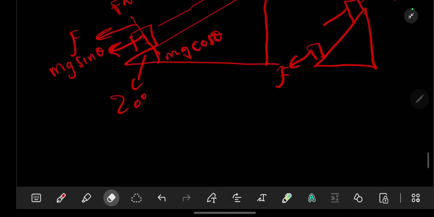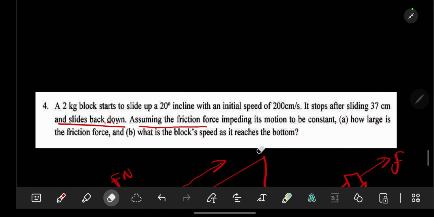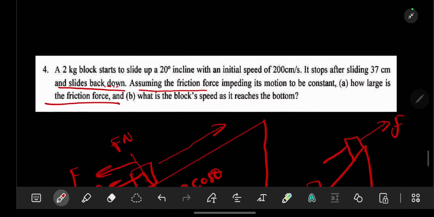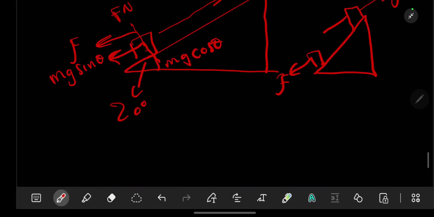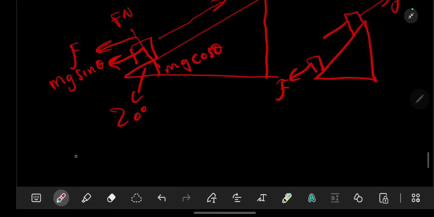Since we have been asked for the force and we don't have the coefficient of kinetic friction, we are going to use the work done by a non-conservative force. The work done by a non-conservative force should be equal to the change in the mechanical energy.